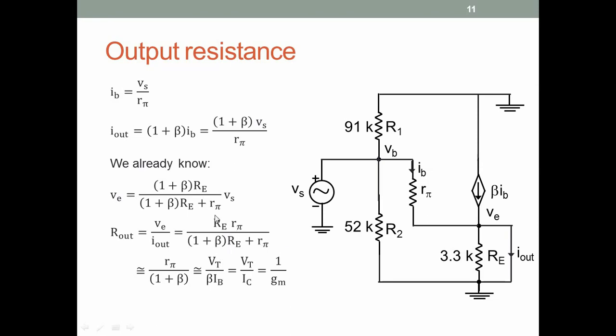So we get, then RE cancels, we'll get R pi over 1 plus beta. 1 plus beta is beta, so we get R pi by beta, which is R pi is Vt over Ib. So we get Vt over beta Ib, Vt over Ic equal to 1 by Gm. So the R out of this circuit is equal to, we either write it as Vt by Ic or we write it as 1 by Gm.